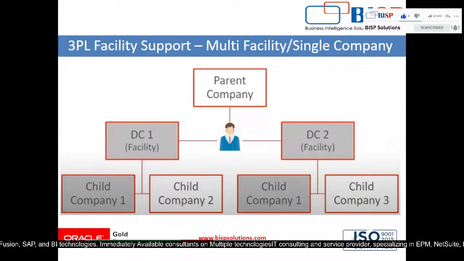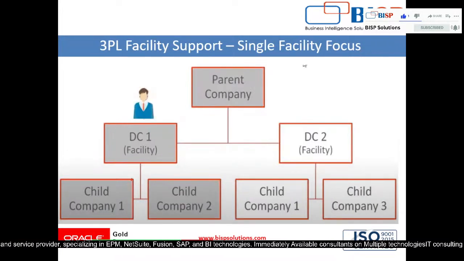Based on this person's setup, we can control where they have access and what kind of permission you have given this user. They have access only to child company 1 in both DC1 and DC2. At the DC level you can provide user configuration, right? So this is a simple multi-facility setup for a single company.